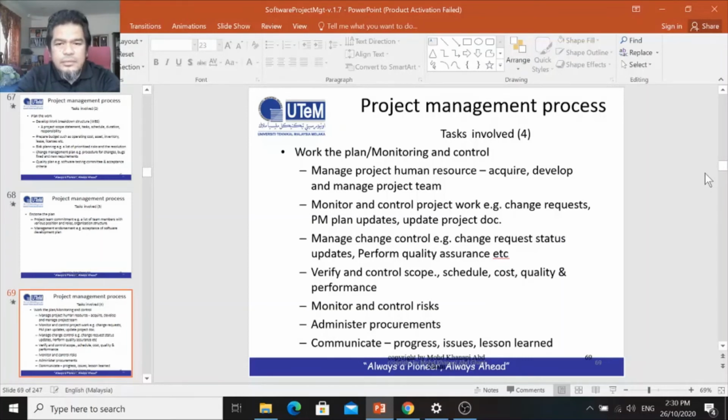And lastly, when you execute the plan, you need to communicate the progress, communicate the issues, and take the issue or problem as a lesson learned to be used for other phases. Communication is very important to make sure that you are aware of the progress and issues that happen in the project.